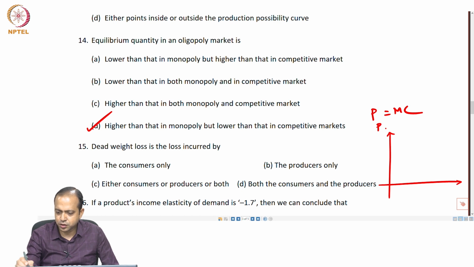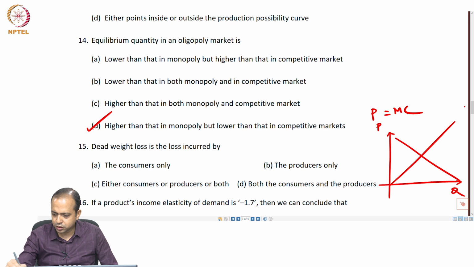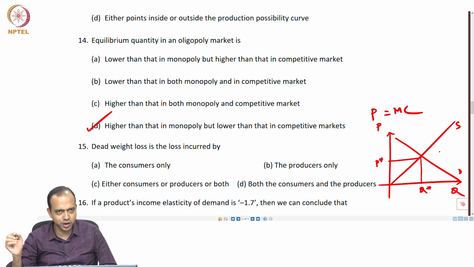Let us say this is price and this is quantity, this is demand, this is supply, Q star, P star. Before, let us say, taxation, this entire amount is consumer surplus, this entire amount is producer surplus.